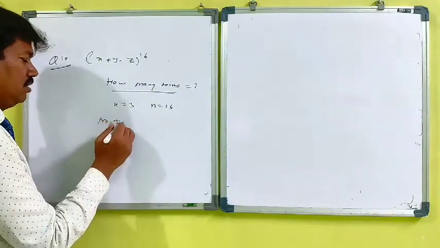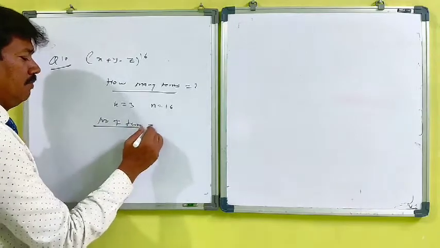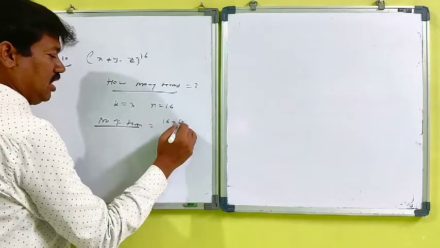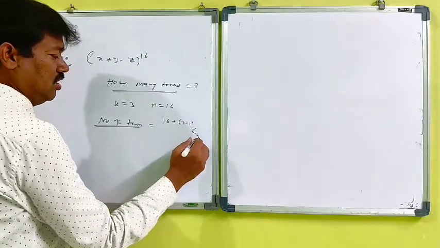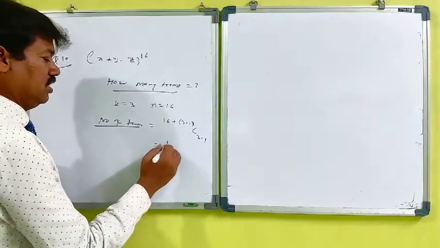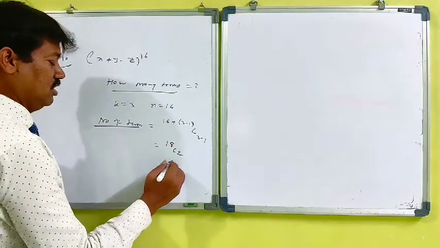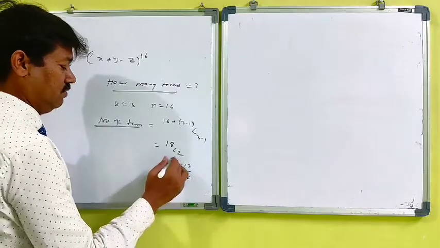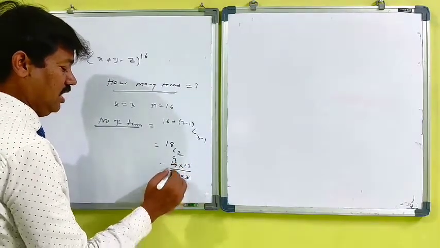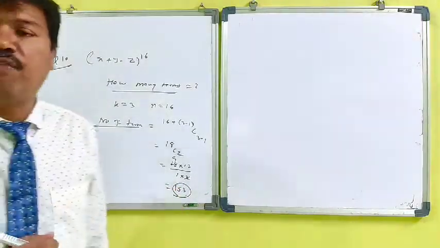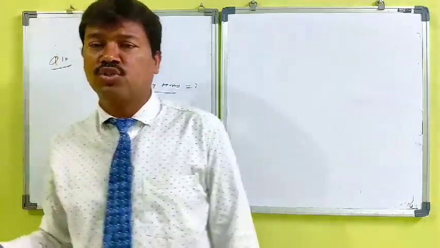So the number of terms is 16 plus k minus 1 C, 16 plus 3 is 19, minus 1 is 18, C2. 18 into 17 over 1 into 2, cancel, 17 into 9, that is 153. So it is 153.